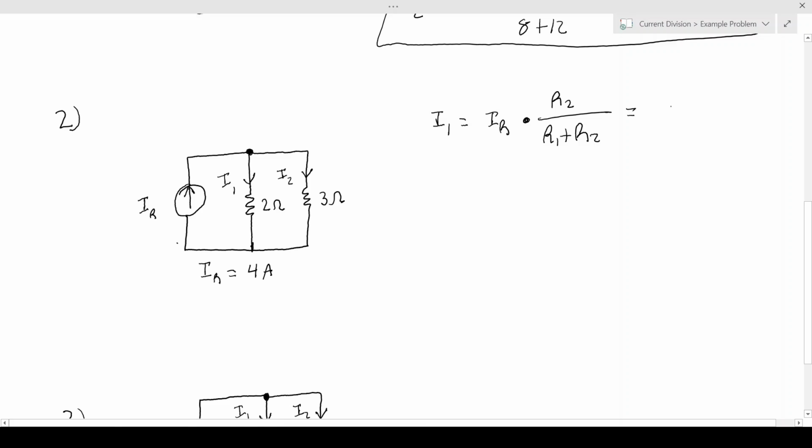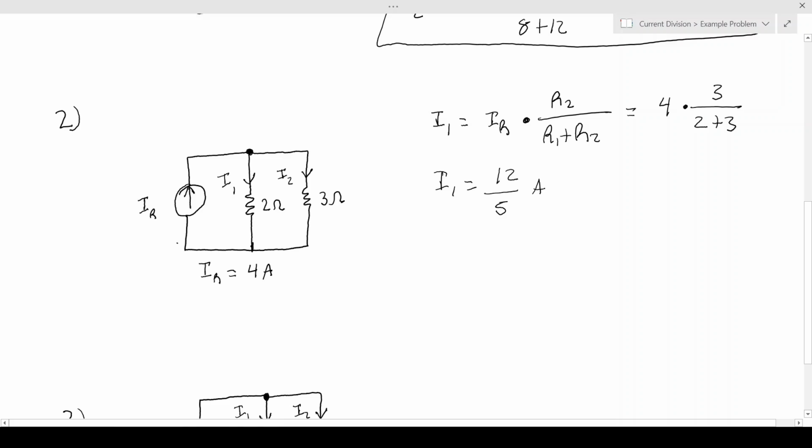So we know the value for IR, which is 4 amps, multiplied by R2. R2 is 3 ohms divided by R1, which is 2 ohms plus 3 ohms. Okay, we get that I1 is equal to 12 divided by 5 amps.